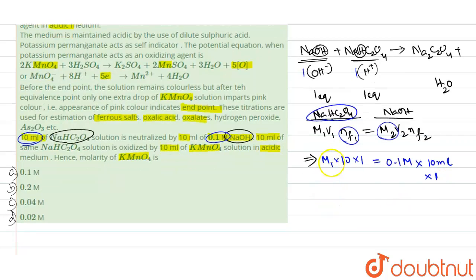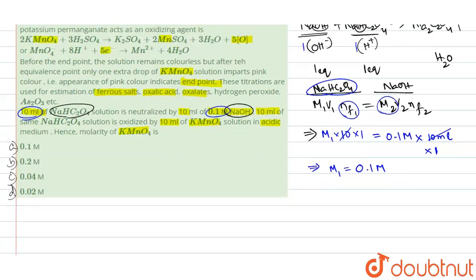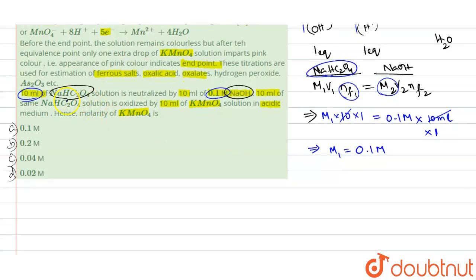So we can cancel this 10 with this 10 and the M1 will come out to be 0.1 molar.